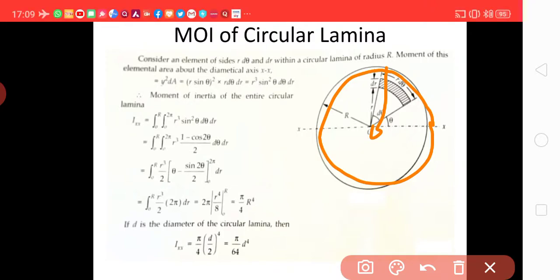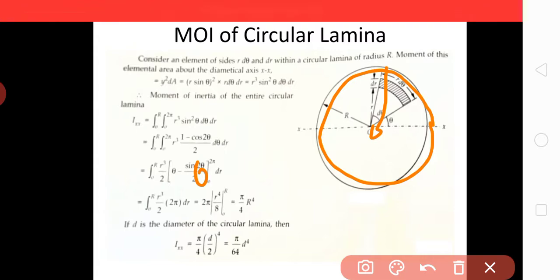Here when we apply the limits, sin 2 theta is just sin 4 pi, which is 0, as sin pi is always 0, and sin 0 is also 0. So the values for this will be automatically 0.